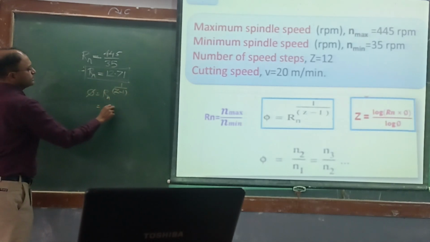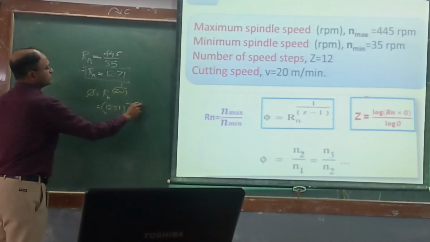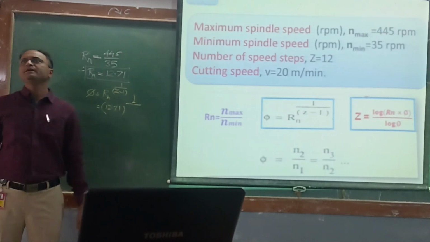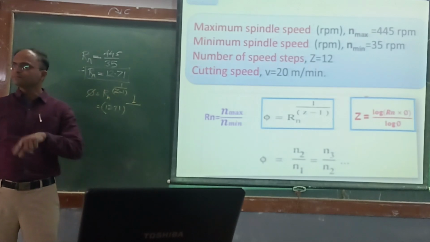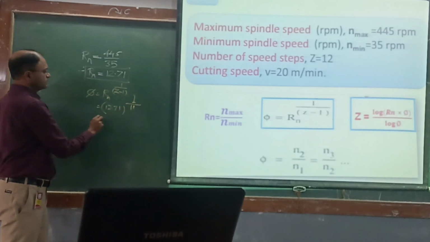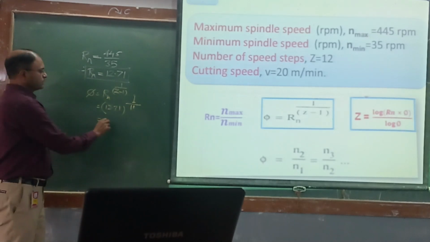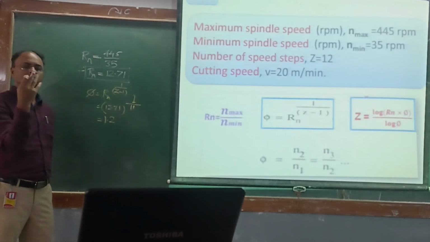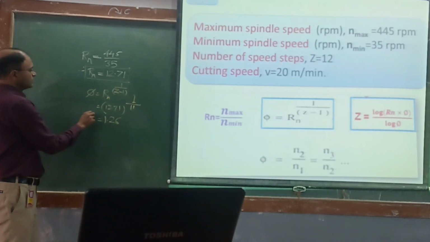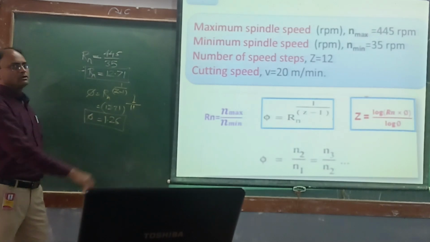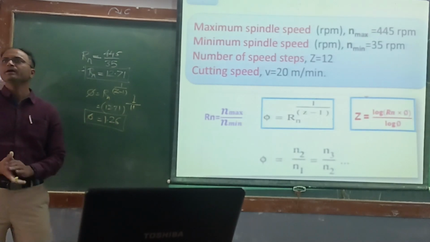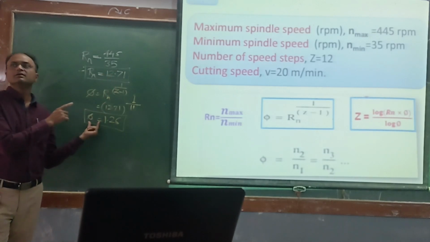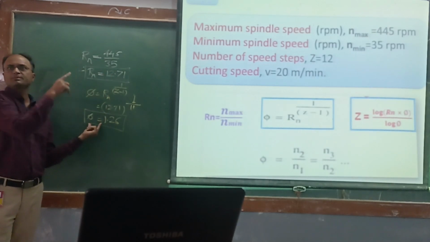Rn is 12.71 raised to 1 upon, z means number of speed steps 12, minus 1, that is 11. That gives 1.26. Phi is equal to 1.26. Range ratio, and what is this? Speed ratio.